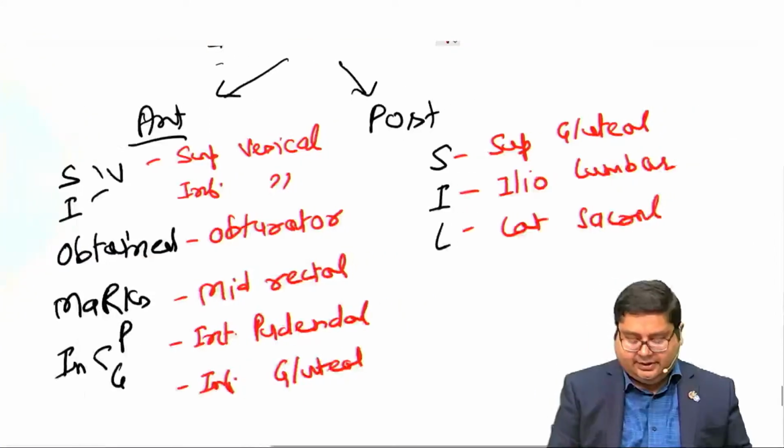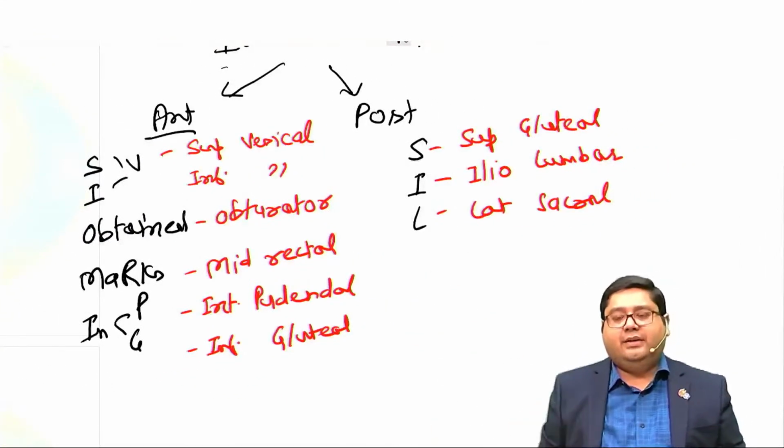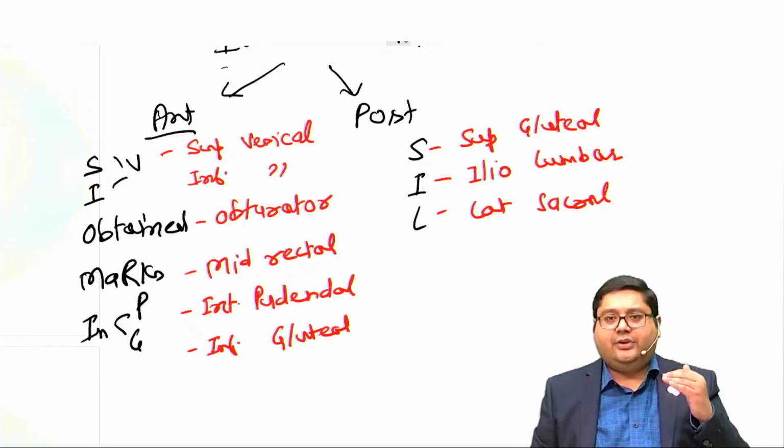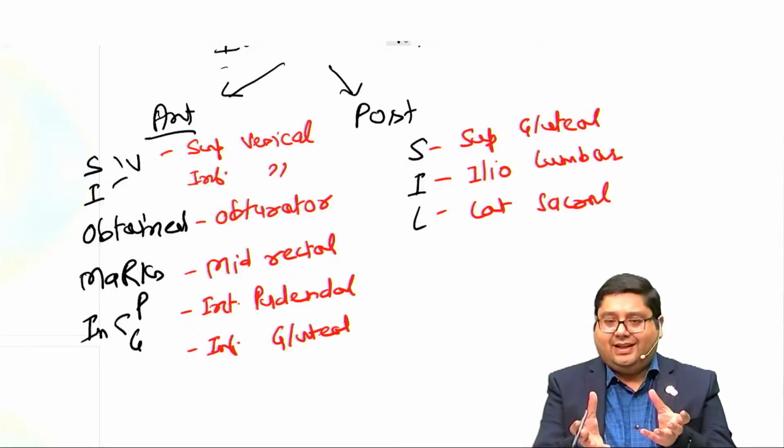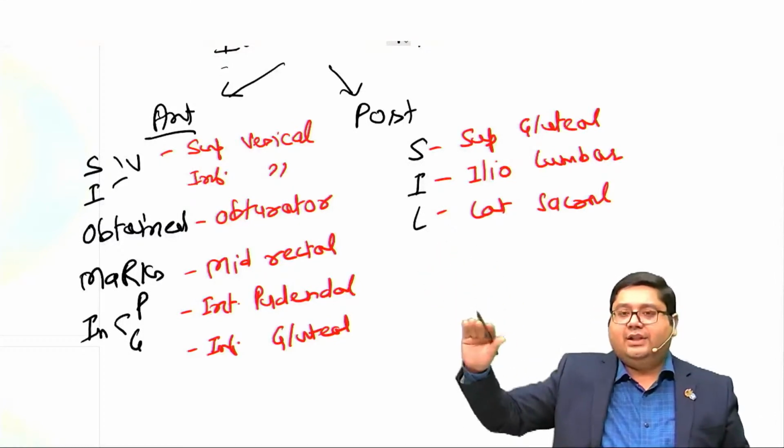But in case of female, because vesical means the bladder and the inferior vesical means the lower part of the bladder where the prostate is present, correct? But in case of female, the prostate is absent. Inferior vesical artery as such is not required.